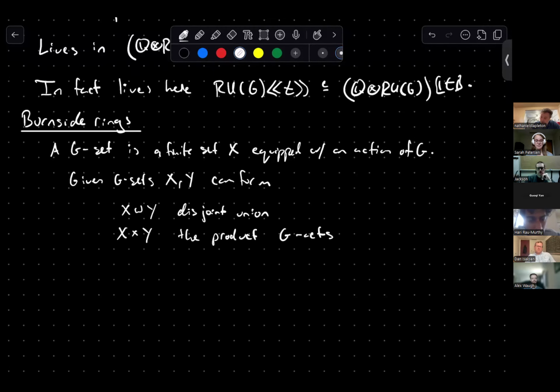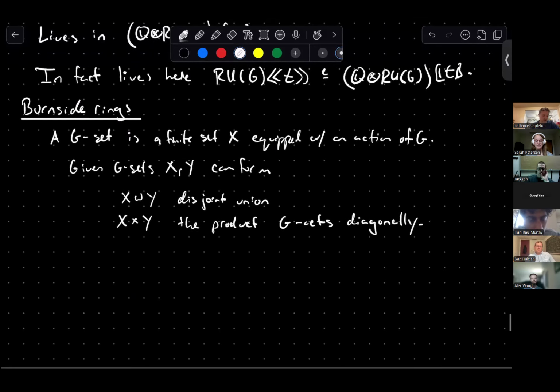So that's very similar to what happens in the representation ring case.